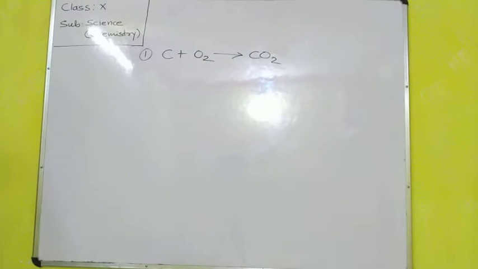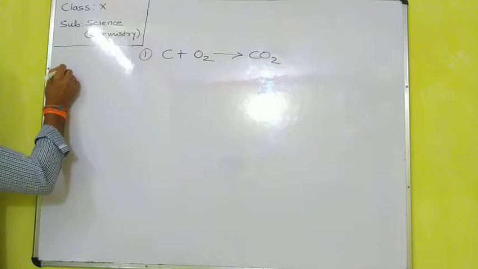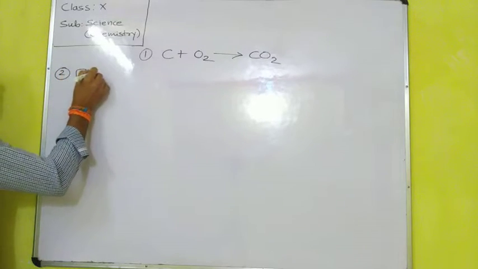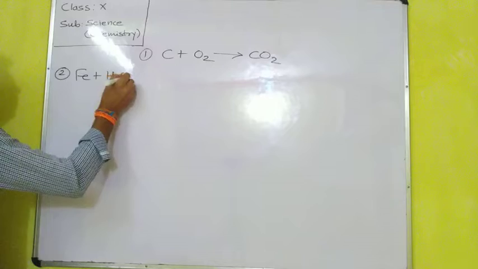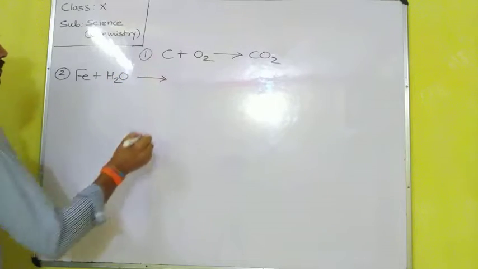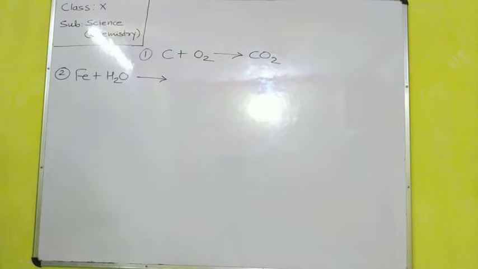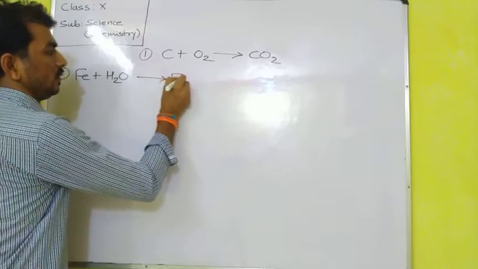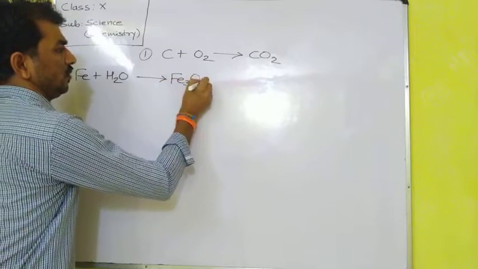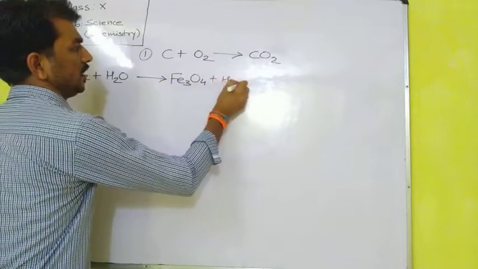Next we have to balance the second equation: Fe plus H2O is equal to Fe3O4 plus H2.